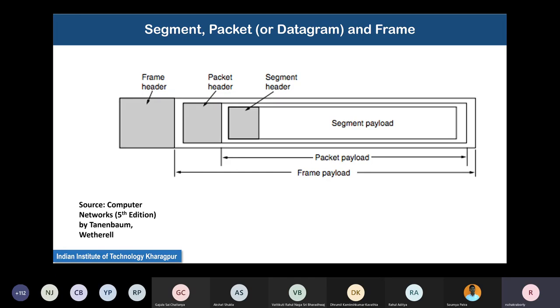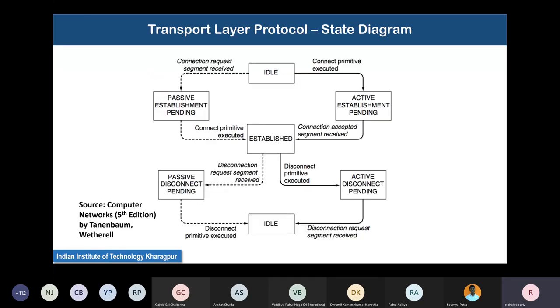So the PDU at the transport layer is the segment. It has a segment header and data, but that entire segment is the payload for the network layer PDU, which is called the datagram. And you have the packet header and then the frame header, etc. So as you go from top to bottom in the network stack, the length of these protocol data units keeps on increasing.